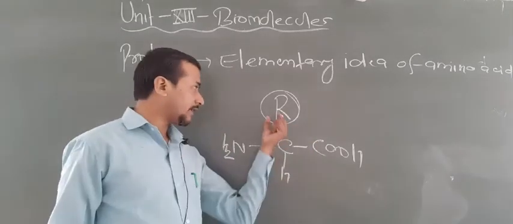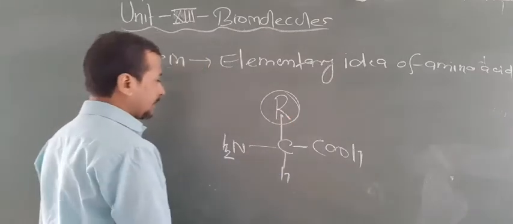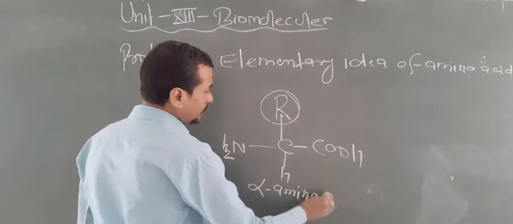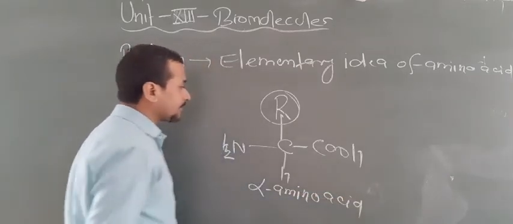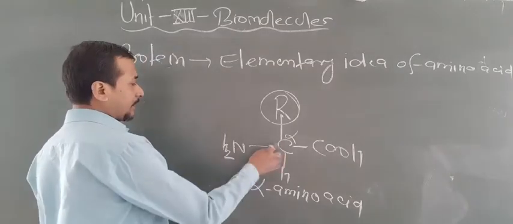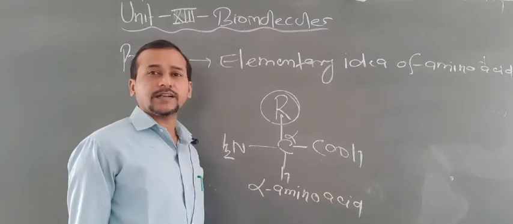Only you have to replace the R so that the amino acid will change. This is also known as alpha amino acid, because this is the alpha carbon and the alpha carbon is attached with the NH2, that is the amino group. So that's why this is known as alpha amino acid.